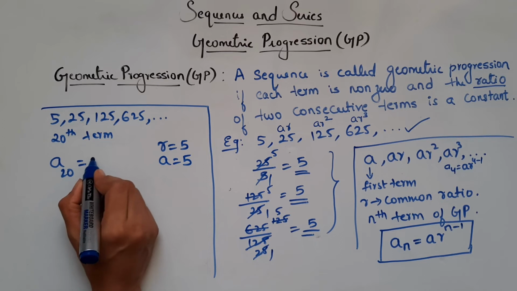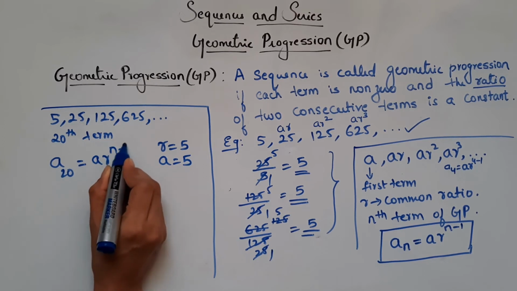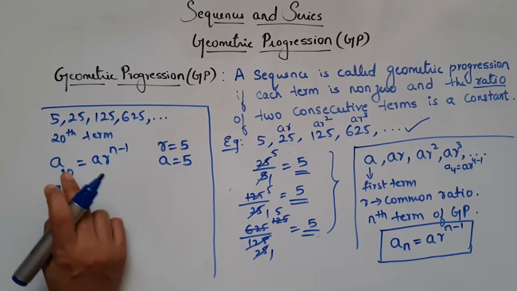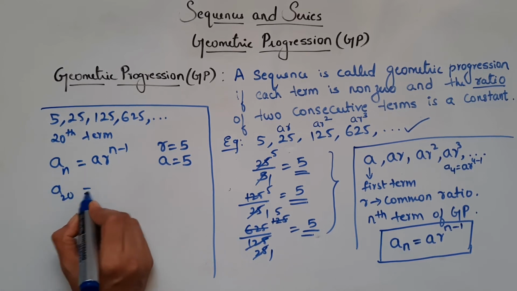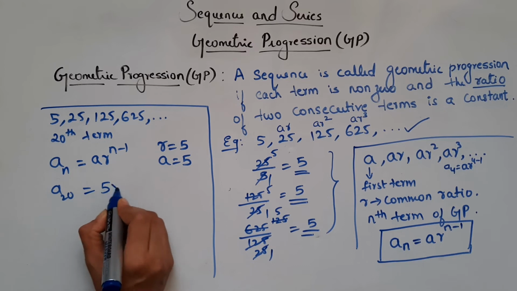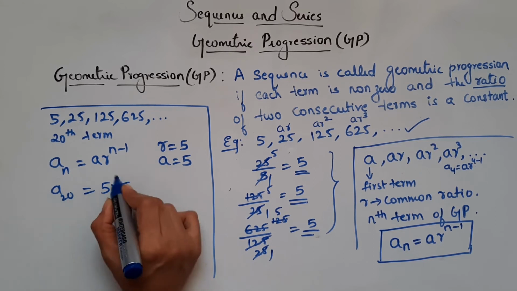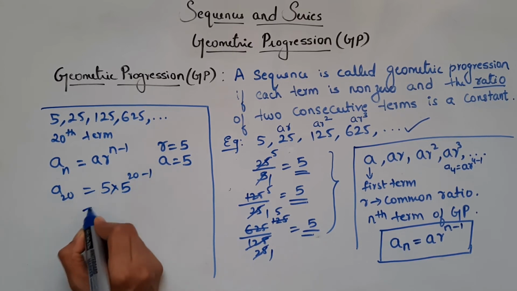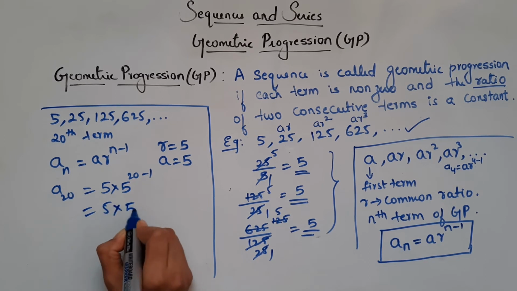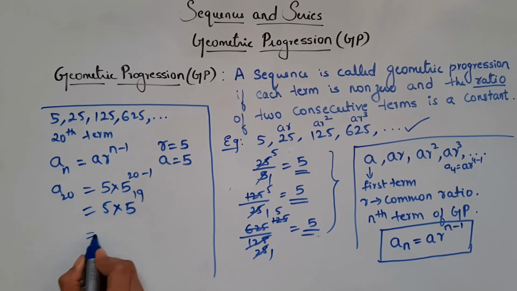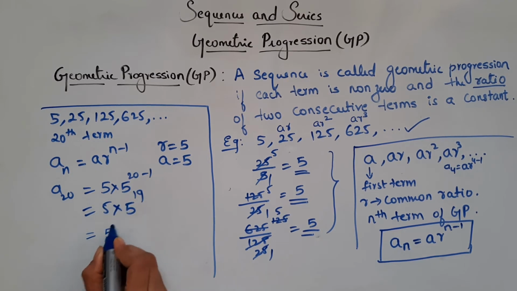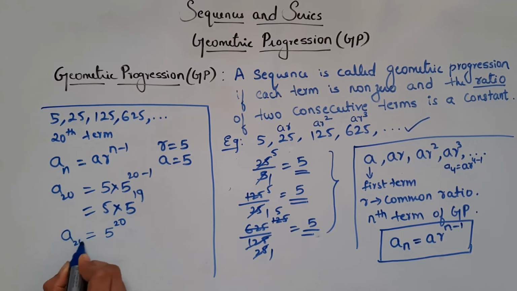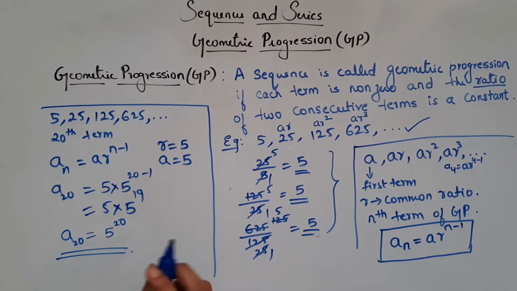We know the formula, A into R power n minus 1. So A20 is, A is 5 into R is 5 power 20 minus 1, which is nothing but 5 into 5 power 19. So this is nothing but 5 power 1, you can add 1 plus 19 will give you 20. So 5 power 20. So A of 20 is 5 power 20. So I hope this is clear.